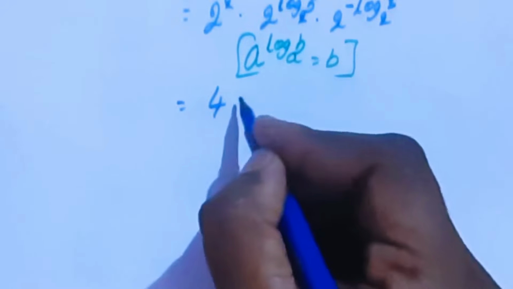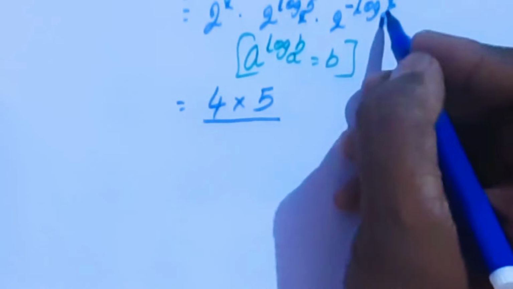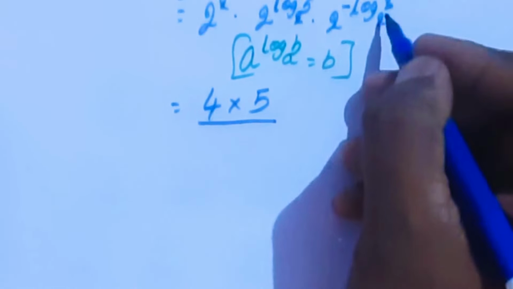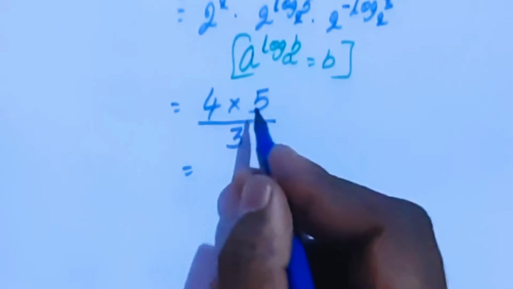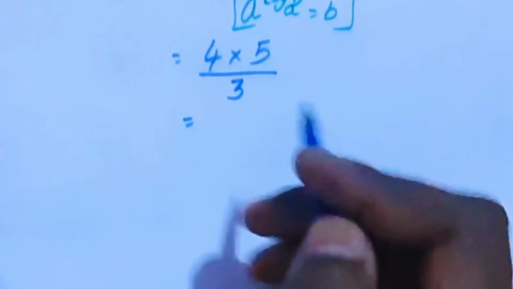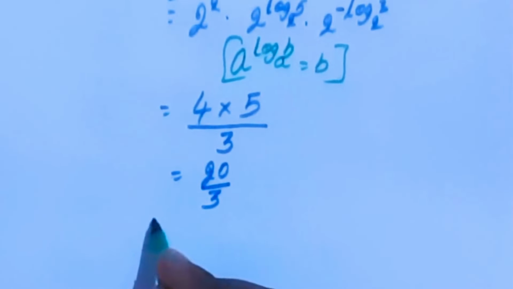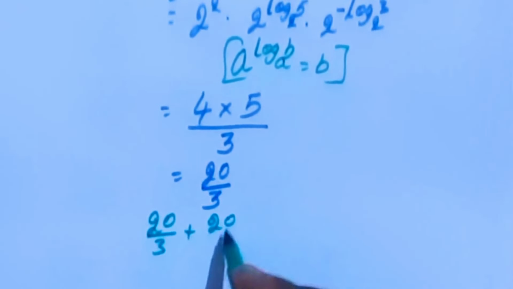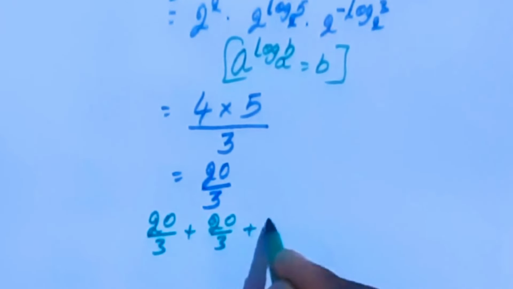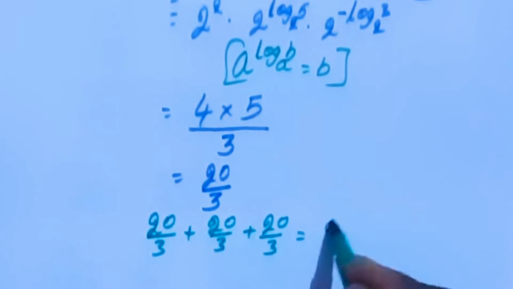According to this formula, here it is 5 in denominator. According to this formula, this is 3. So 4 times 5 is 20 by 3. 20 by 3 plus 20 by 3 plus 20 by 3 equal to 20.